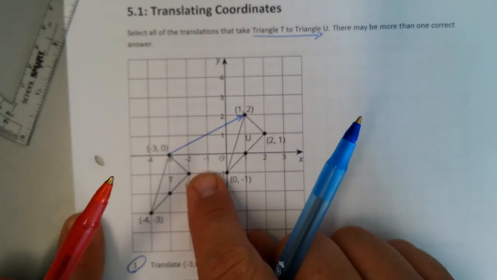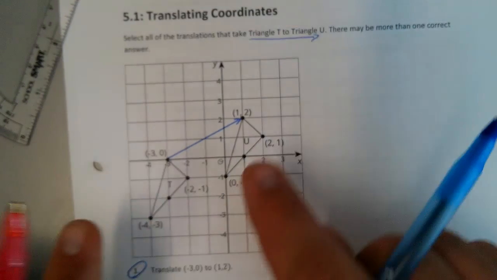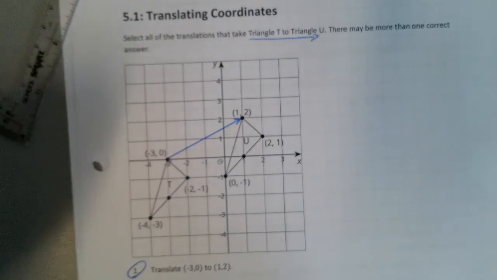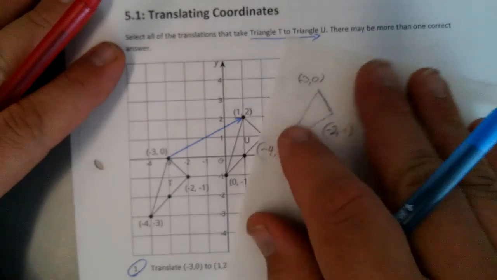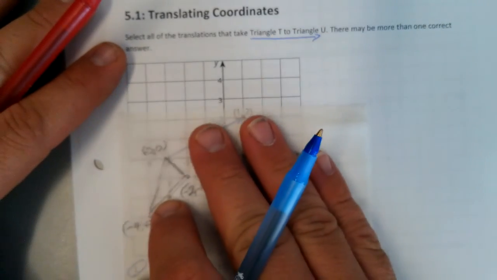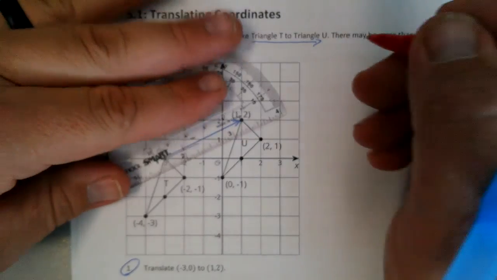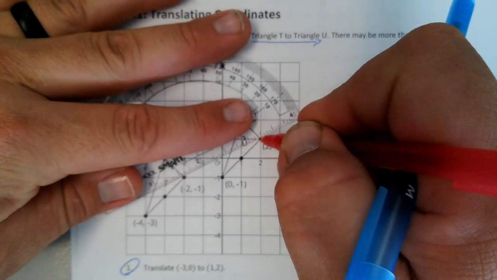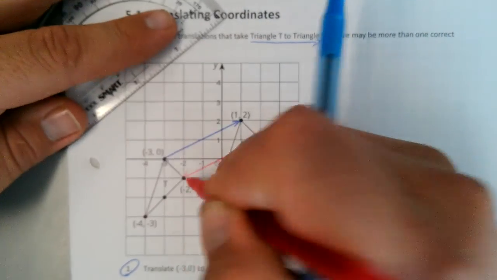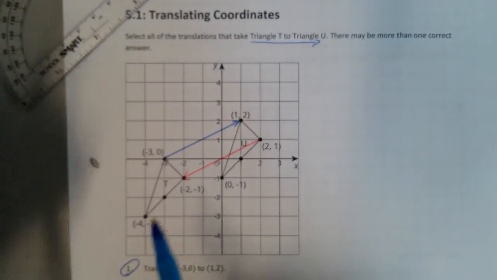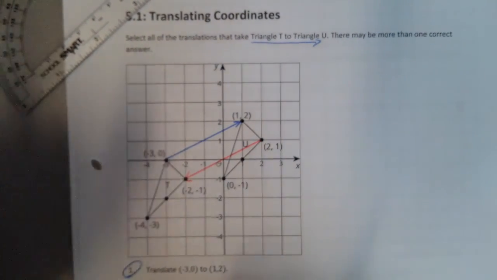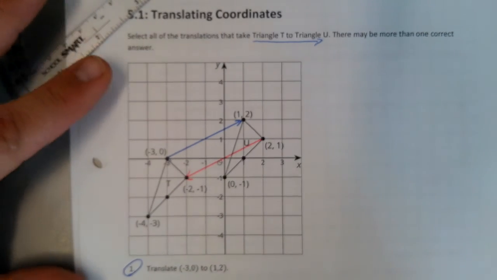It would actually carry it back off of the page further this way because of the location of the figure. It could also be thought of as taking from this point to this point. What it looks like is that we have a translation along a vector that moves from here to here, not the correct way of triangle T to triangle U. So number two does not work.